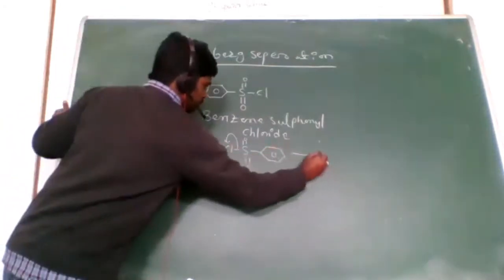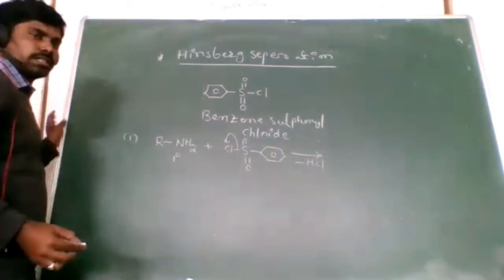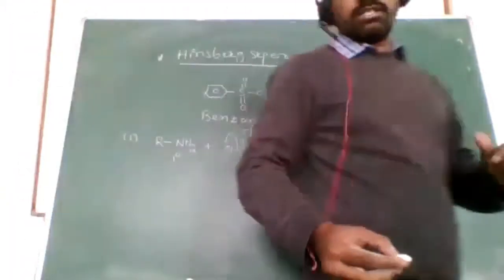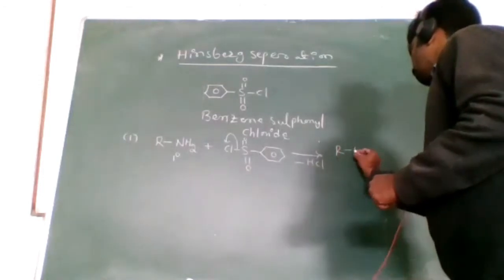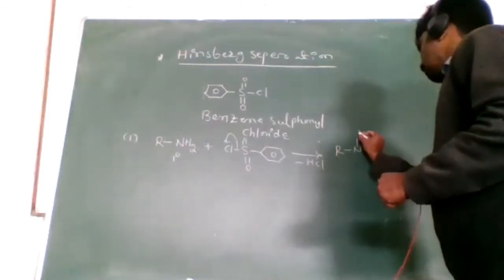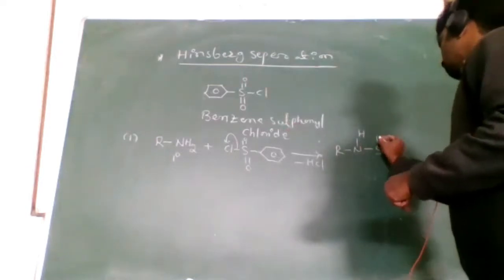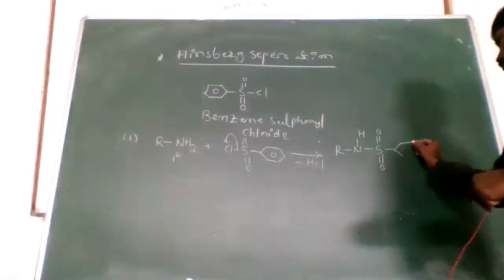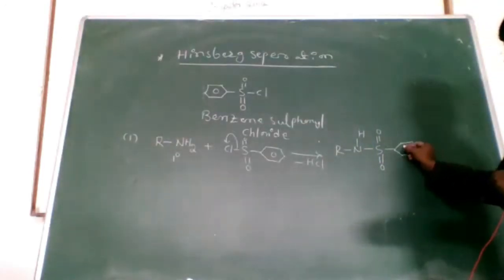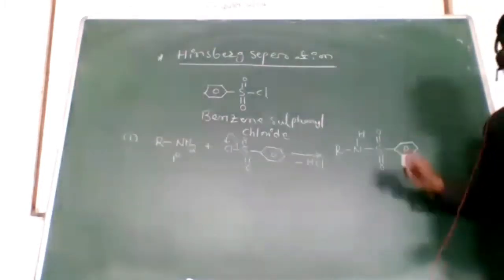Elimination of minus HCl. So what will we get here? R N H, one hydrogen remains, then S double bond O, benzene. The name is N-alkyl benzene sulfonamide.